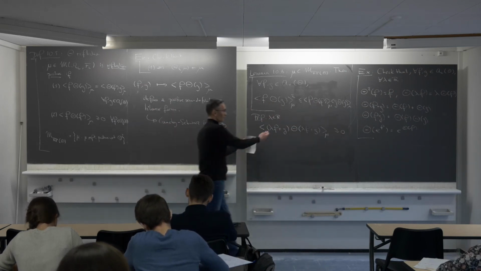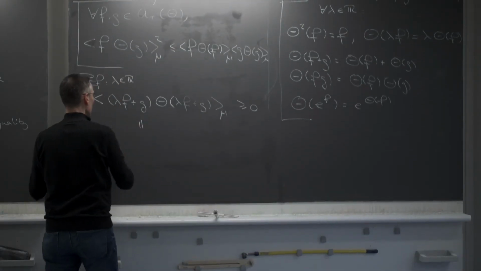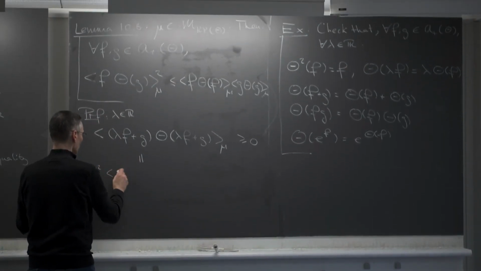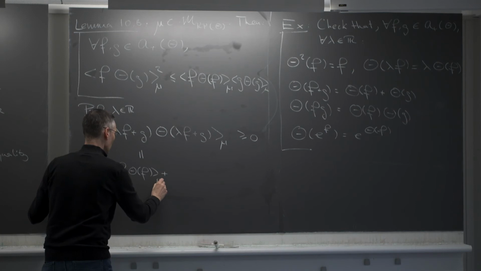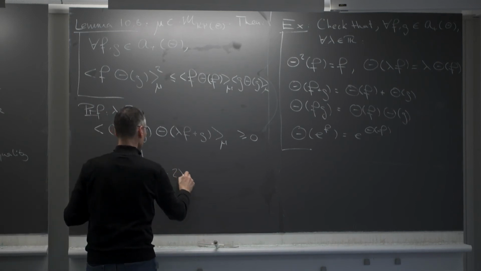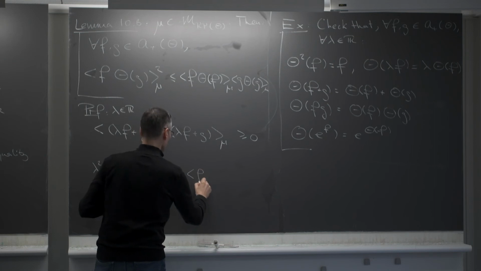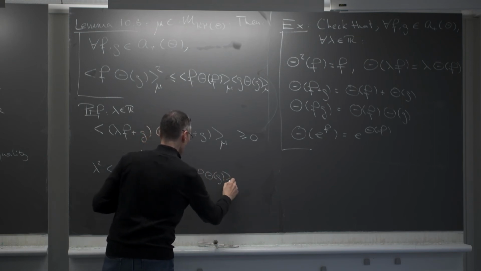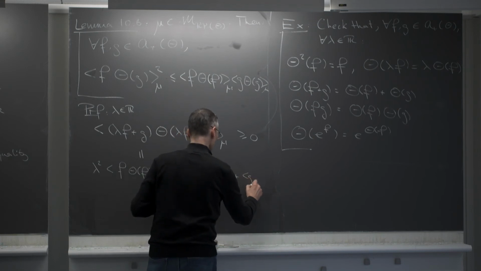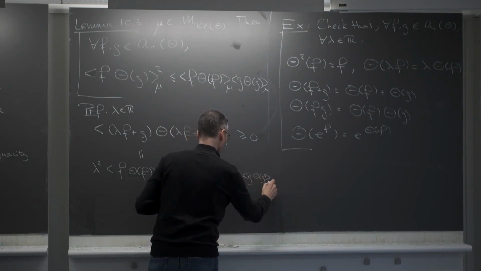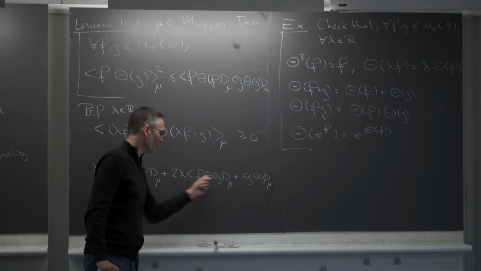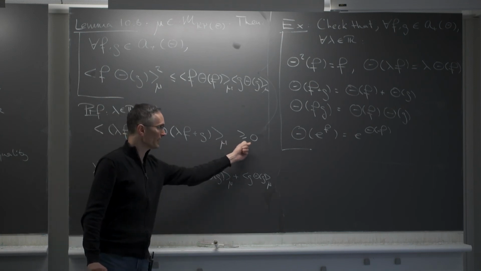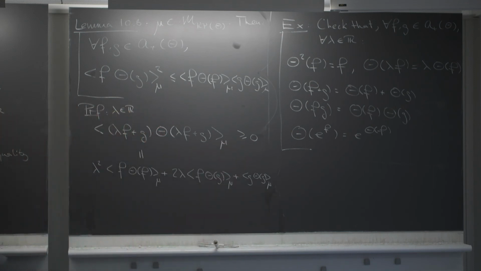On the other hand, you can expand the square, and what you get is lambda squared mu of f theta f, plus 2 lambda mu of f theta g, plus mu of g theta g. Now we have a second degree polynomial in lambda which is always non-negative, which means it has either 0 or one root, so its discriminant is smaller or equal to 0.